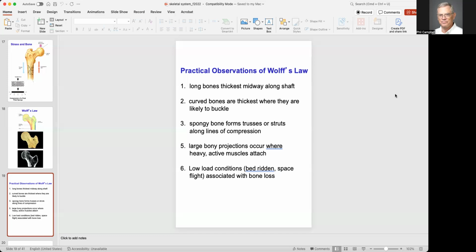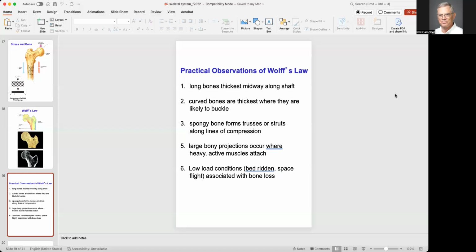What it does is promote resources where and when they're needed. It shifts resources. In other words, it robs Peter to pay Paul. So if I don't need resources in my left arm, the body is going to take those resources and allocate them elsewhere. Because there's never enough to go around.